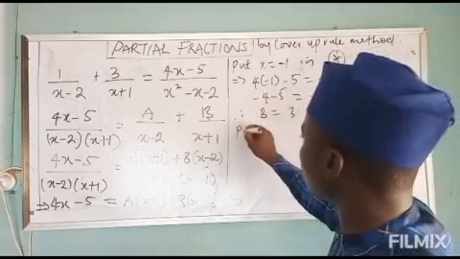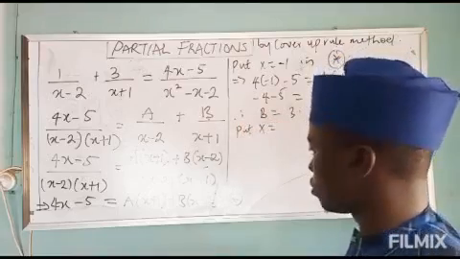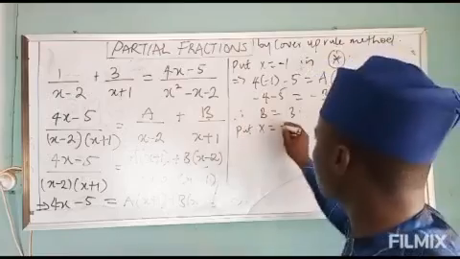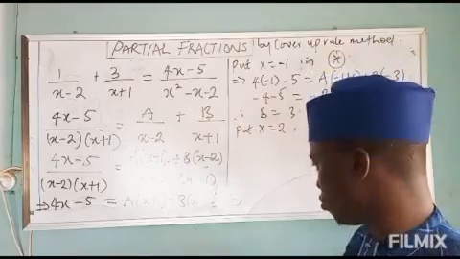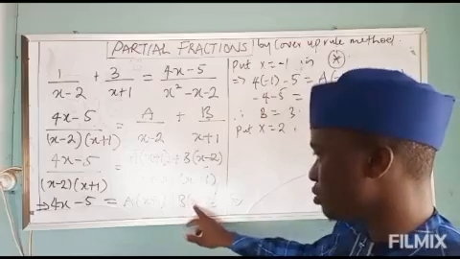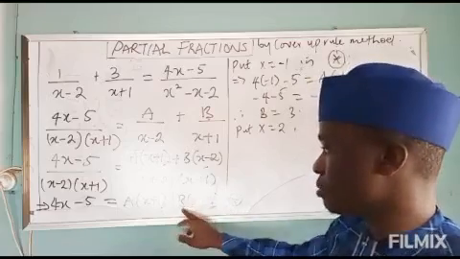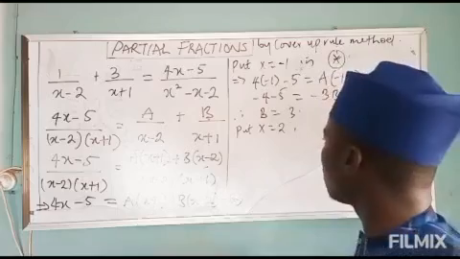You put x equals 2 here. You can see that if you put x equals 2 here, automatically 2 minus 2 is 0, and 0 times b is 0, so definitely you solve for a.